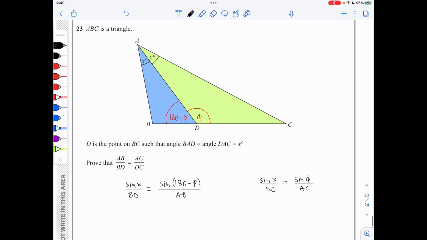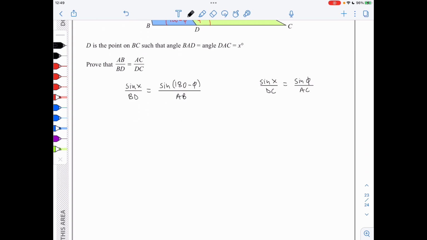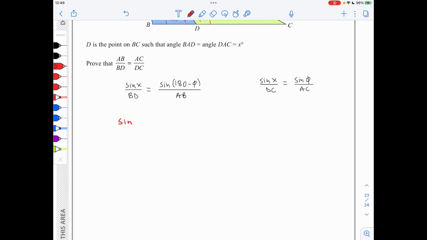Now I have to use another rule here. It's the rule that says that sine of phi and sine of 180 minus phi are the same. Essentially what we're saying here is that two angles that add up to 180 have the same sine. So I could replace this, saying sine x over BD is equal to sine phi over AB.